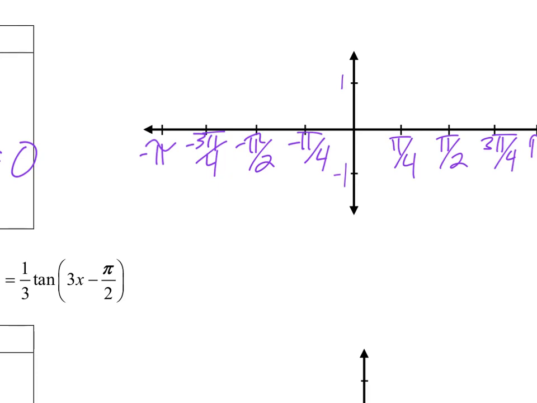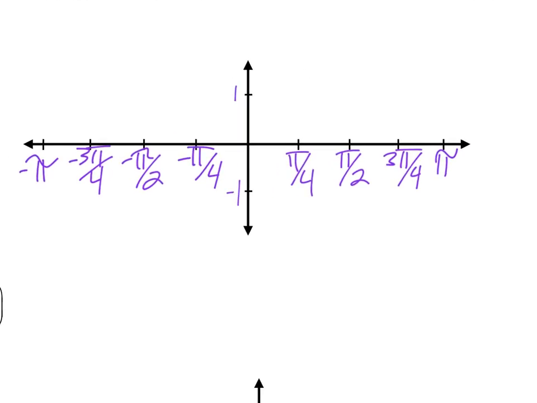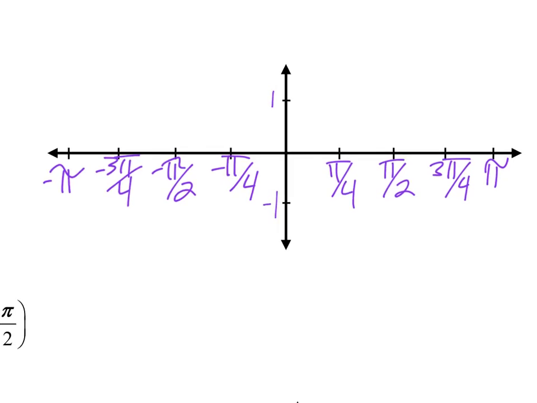Okay. Remember, we have asymptotes for these. Now, the tangent, remember, is half the period. So our first, oops, let's do this in a different color. I like red for my asymptotes for some reason.